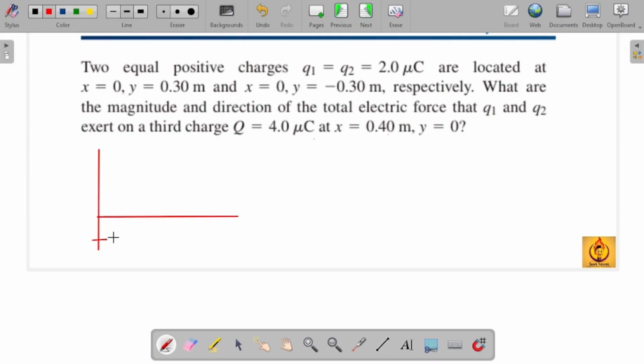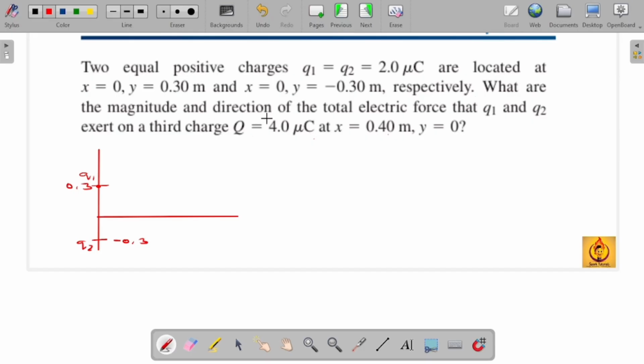On the y-axis at y is 0.3, there is a charge Q1 here. And at x is equal to 0, y negative 0.3, there's another charge here, Q2. Remember, respectively means the first one takes the first, the second takes the second. So this is at negative 0.3.